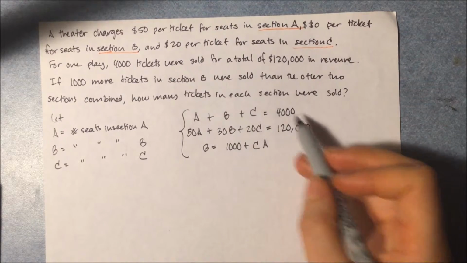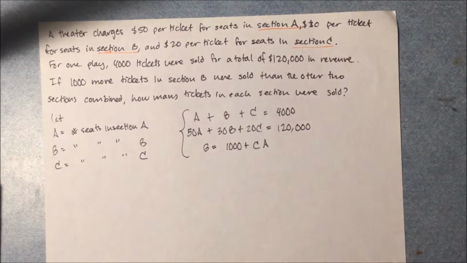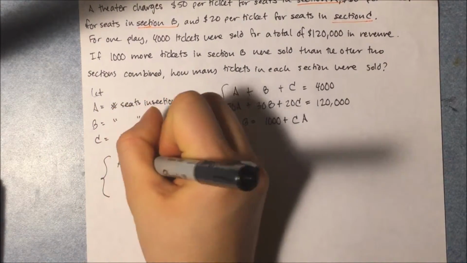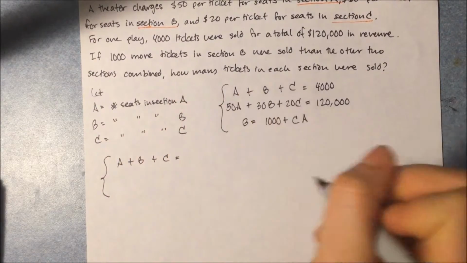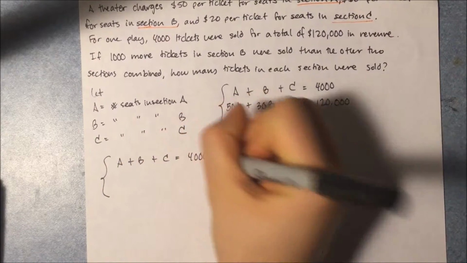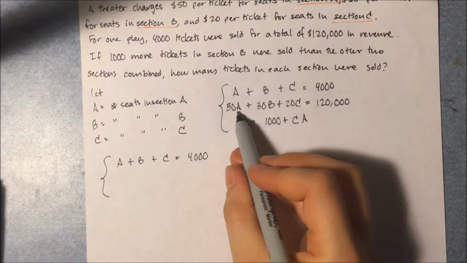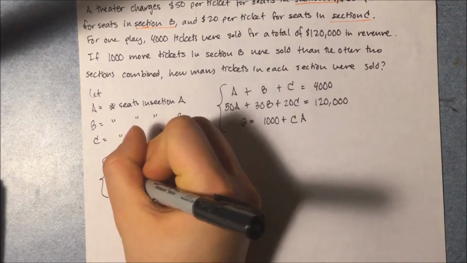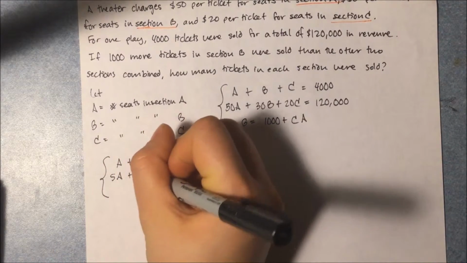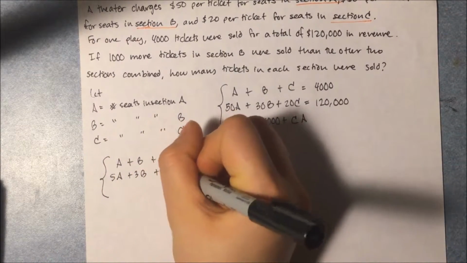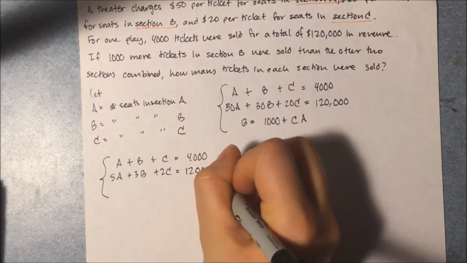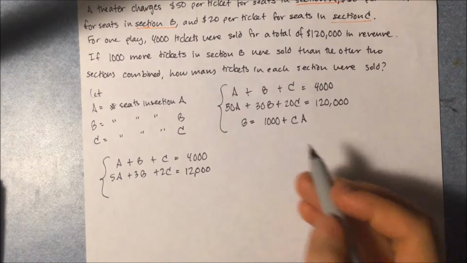I'm going to rewrite this a bit so that it's more in standard form. Let's just go alphabetical. A plus B plus C equals 4,000. I can divide these all by 10, simple. So 5A plus 3B plus 2C equals, dividing by 10, 12,000.